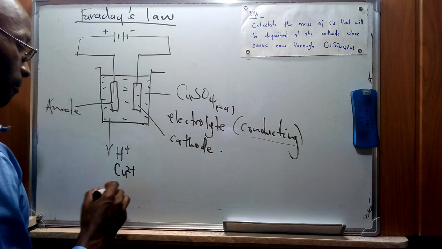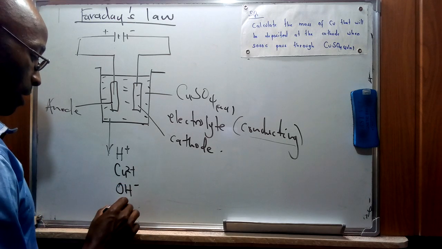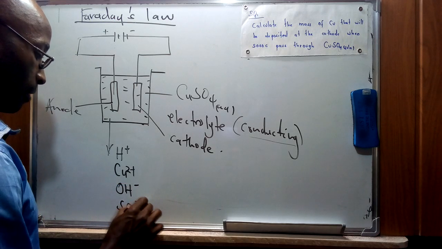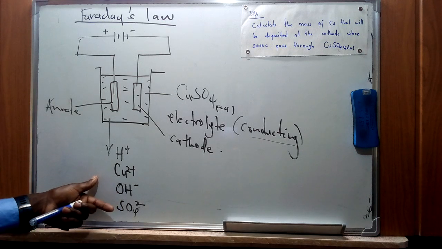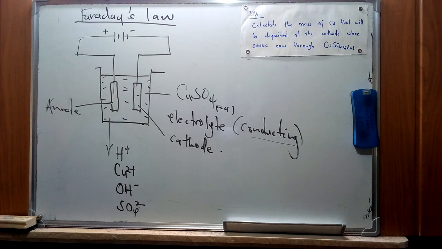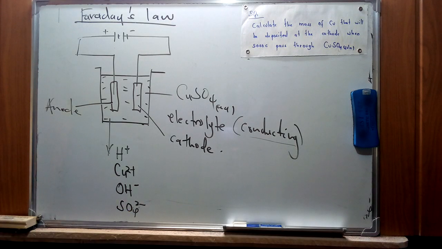For the negative ions, it has hydroxide ions and sulfate ions. These different species of ions are going to dictate how the process of electrolysis takes place, in the sense that it employs the concept of the reactivity series that we discussed in our previous video, an introduction to electrochemistry.